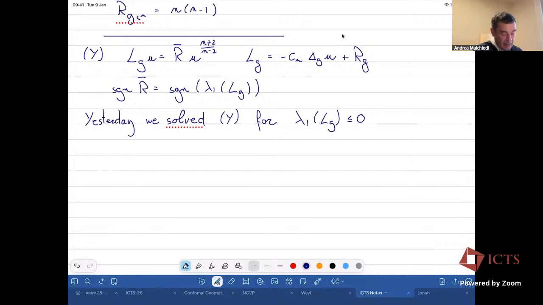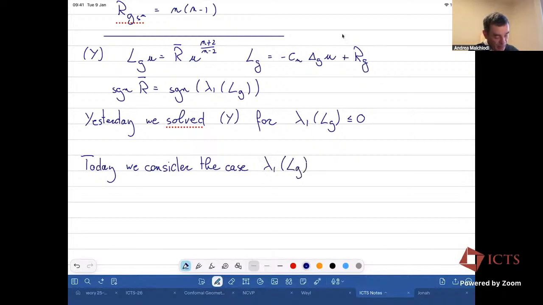And today we consider the case lambda 1 of Lg positive.